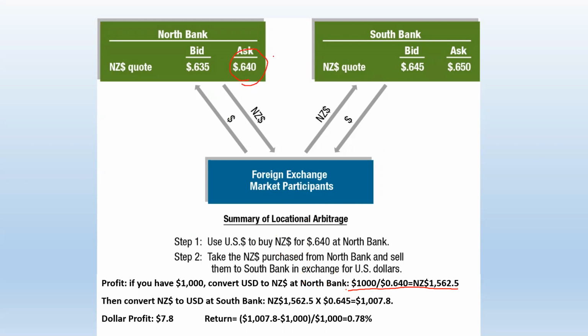This ask rate is 1 New Zealand dollar equals to 0.640 US dollar. And then if you have 1 US dollar, so 1 US dollar should equal 1 over 0.64 New Zealand dollar.